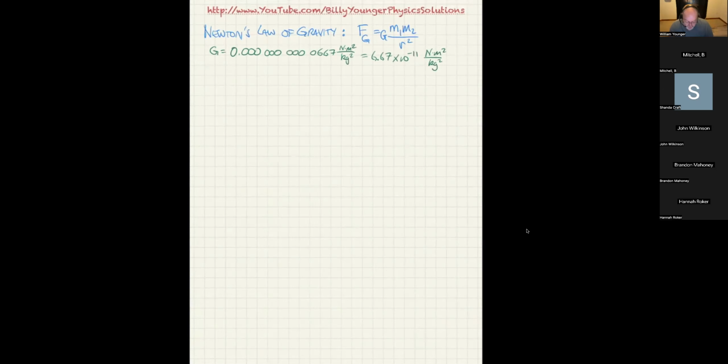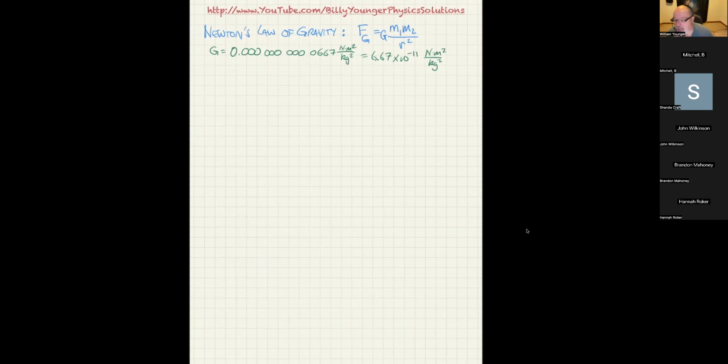Now, the other part of Newton's law of gravity said that the attractive force created by this gravitational anomaly is in fact acting along the line that connects the center of mass of M1 to the center of mass of M2. So you have to consider creating a coordinate system in space and writing a spot where M1 is and a spot where M2 is.